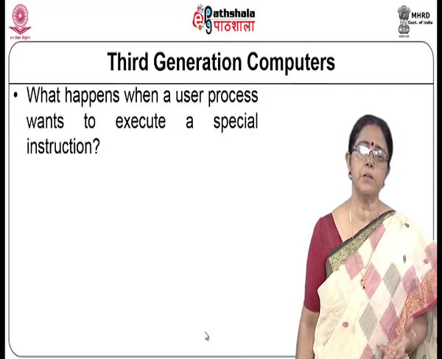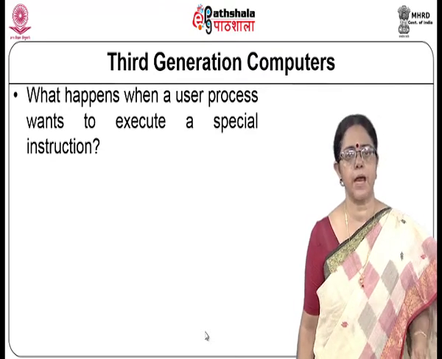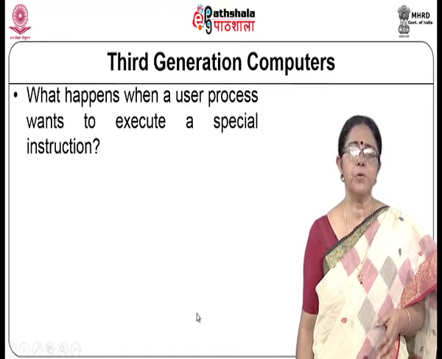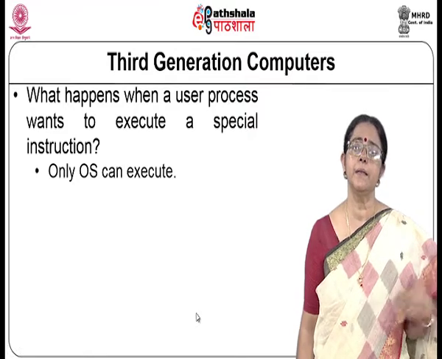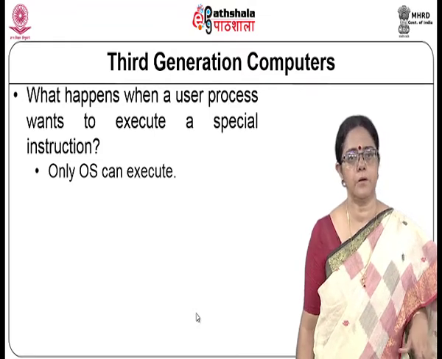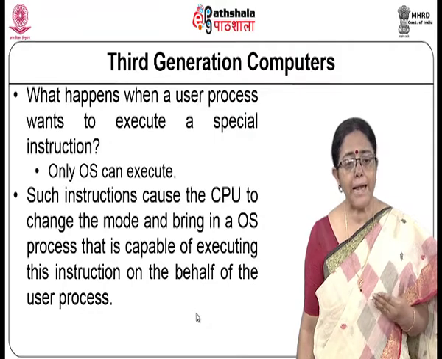On many different occasions, the user process will want to interact with other devices. So, what happens to that? But these are instructions that a user process in the user mode of the CPU cannot run; only the OS can run them. So, what will happen?